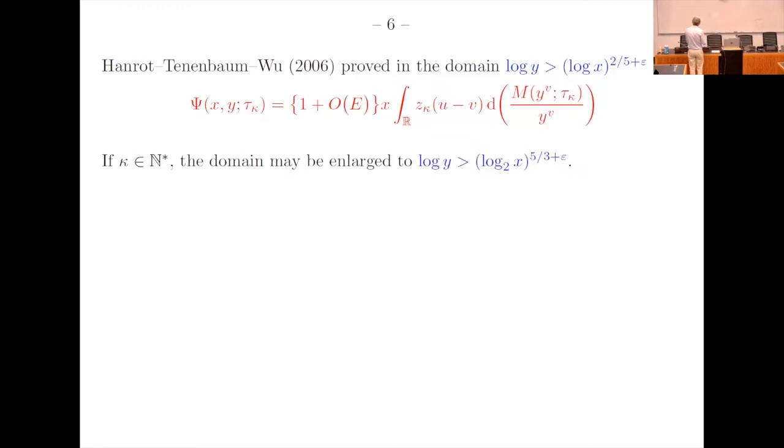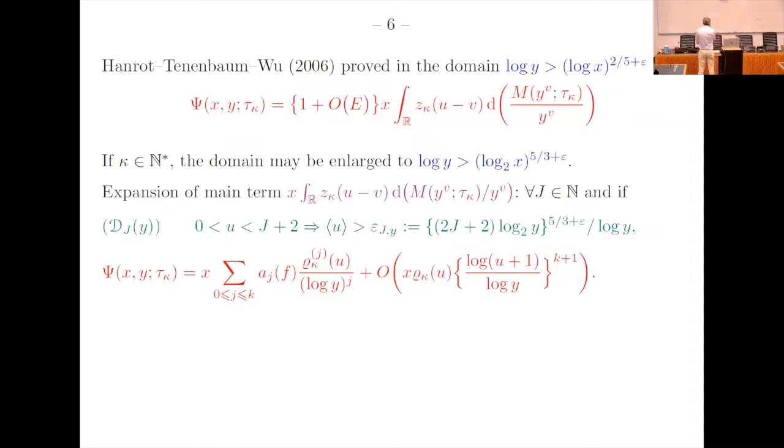And if kappa is an integer, then the domain may be enlarged. So this means that if kappa is an integer, the problem is much easier. And as in Sayas's result, we can expand this term.